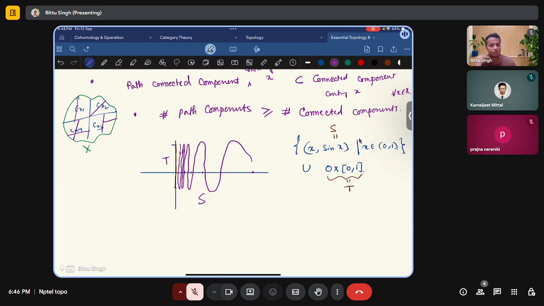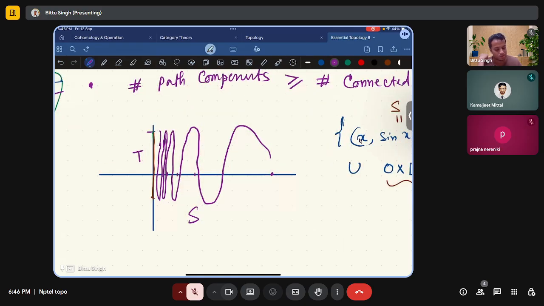So this is our topologist's sine curve, and the interesting thing is that it has only one component. It should be clear why this has one component, right?